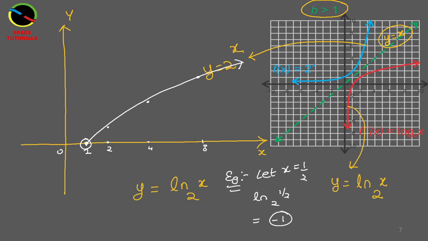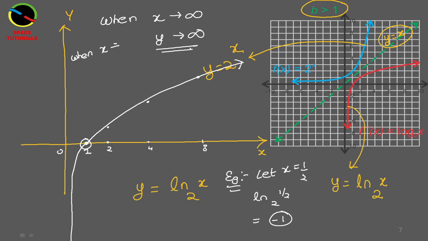So the values are going to be negative, and the graph is going to extend like this. So here we can understand something from the graph. When x is going towards infinity, y is also going towards infinity, and when x is tending towards 0, y is tending towards minus infinity.